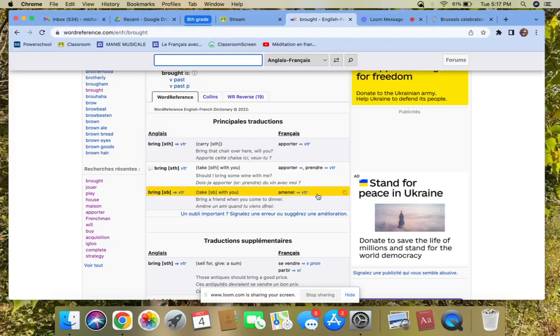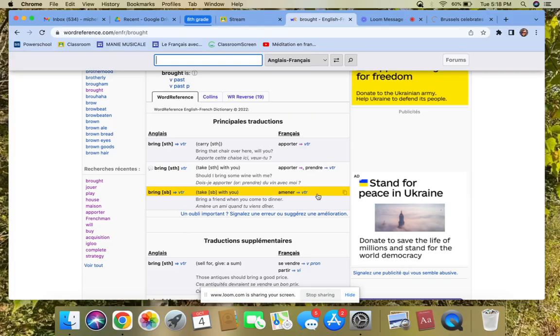For example, if I want to say French people, I don't need to say les gens français. I can, but it sounds a little awkward. All I have to say is les Français with a capital F, and that means French people. If I want to say British people, I would say les Anglais, etc., or les Britanniques. So sometimes it's not the exact same number of words in one language or the other. Being aware of that is helpful.